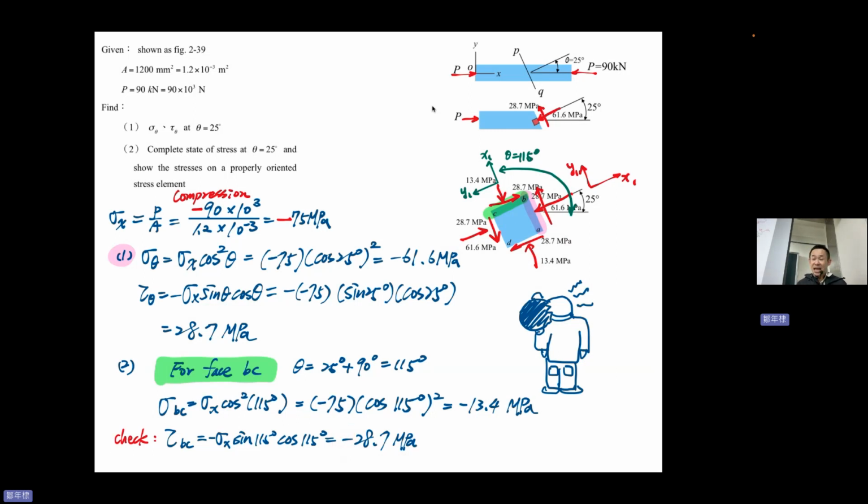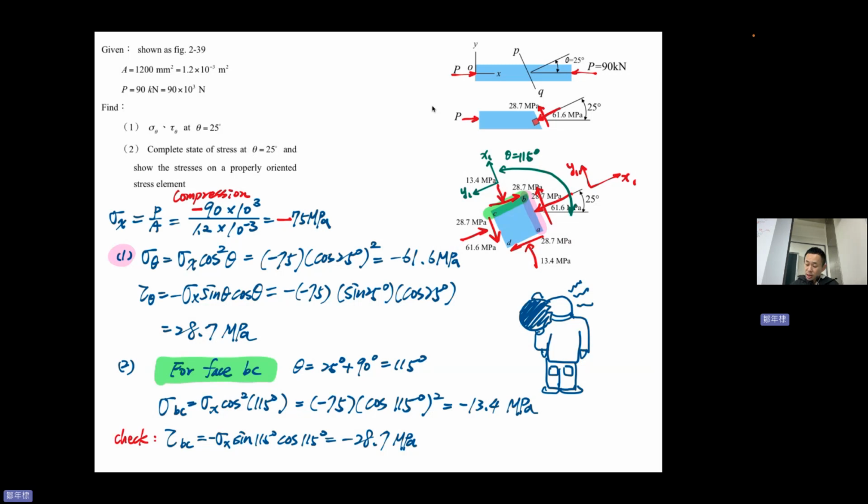Is that correct? Yes. Because when you use this head, you see this point, this surface is the positive x1 direction surface, but this direction is the minus y1 direction. So plus and minus, right? Minus 28.7 MPa.